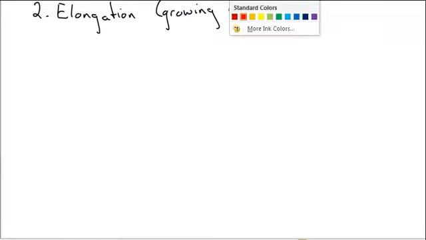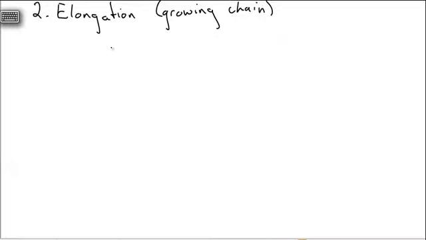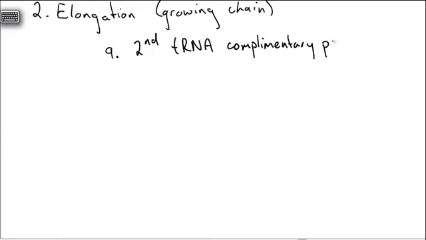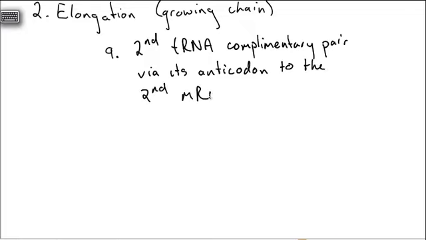A: what happens is a second tRNA, remember, we had the first initiator one, a second tRNA complementary pairs via its anticodon to the second mRNA codon.